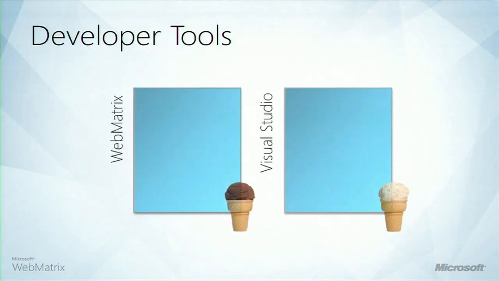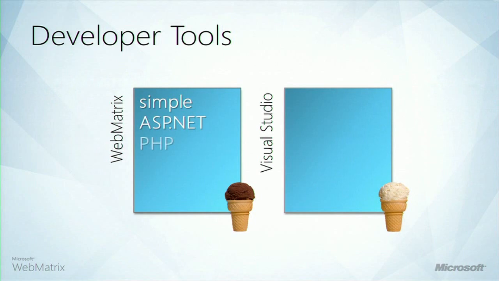Additionally, we've got multiple flavors of web development tools. We're going to talk about 2 in particular today, WebMatrix, which again is new. And this is very simple and designed to support both ASP.NET and PHP.